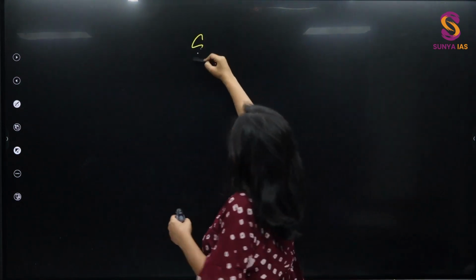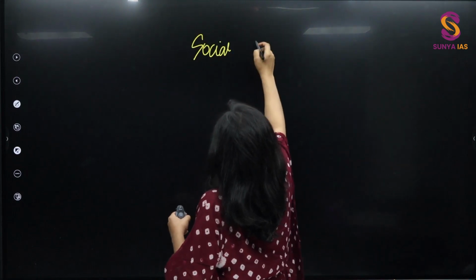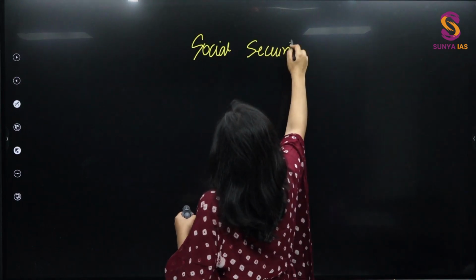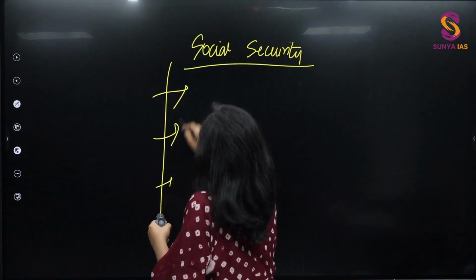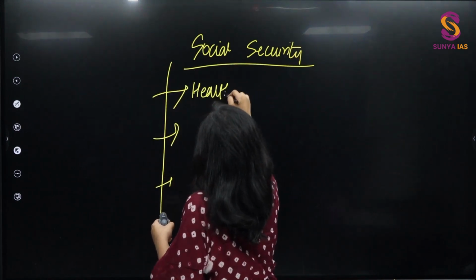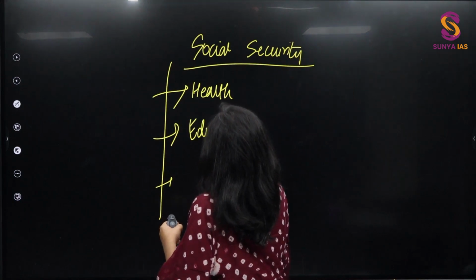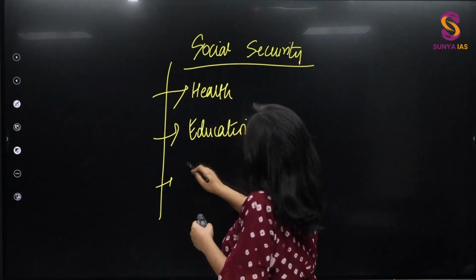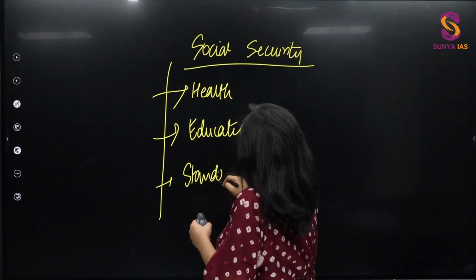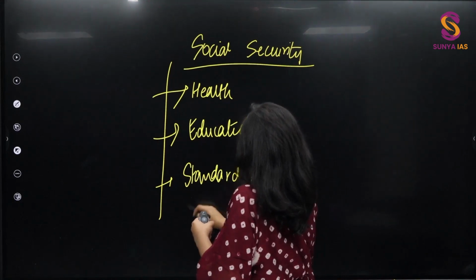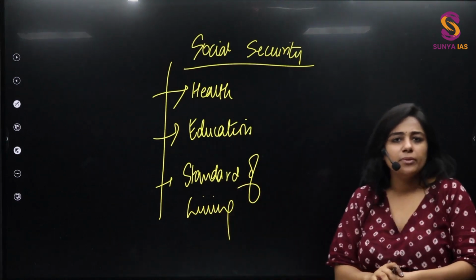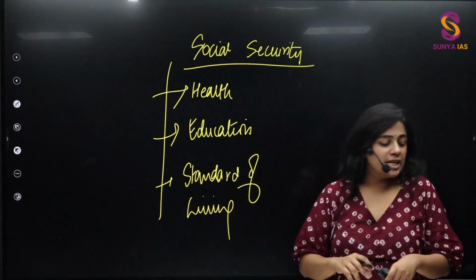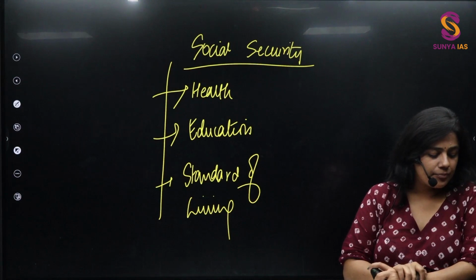What are the aspects of social security that need to be taken forward? There is health, there is education, there is standard of living, right? There is health, there is education, there is standard of living. यही तीन होते हैं. Standard of living में आप बहुत सारी चीजें ऐड कर सकते हैं.